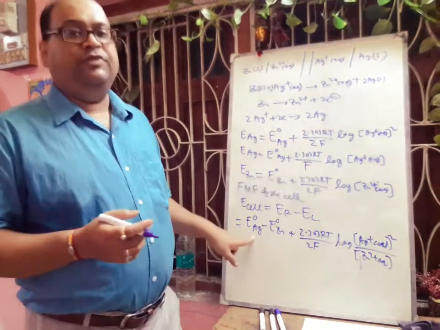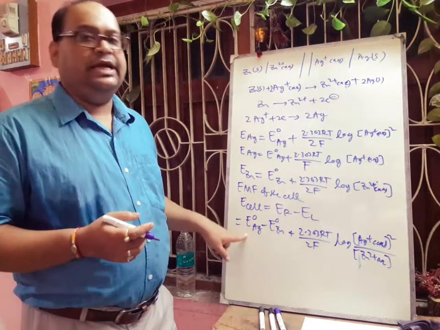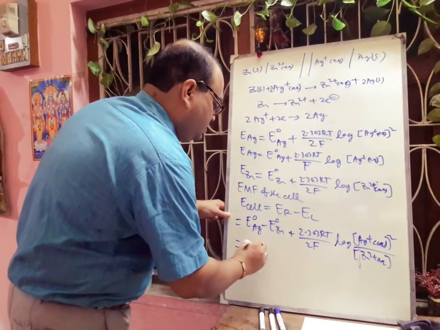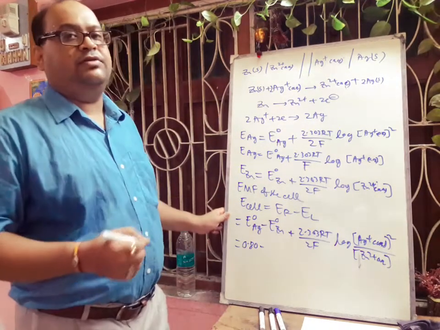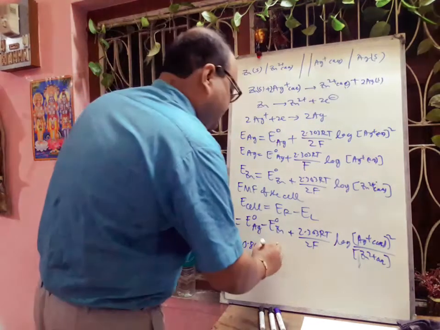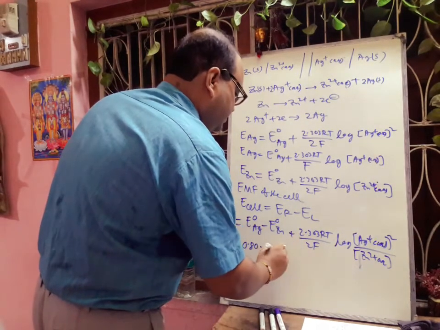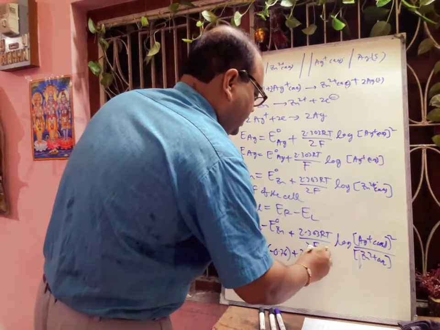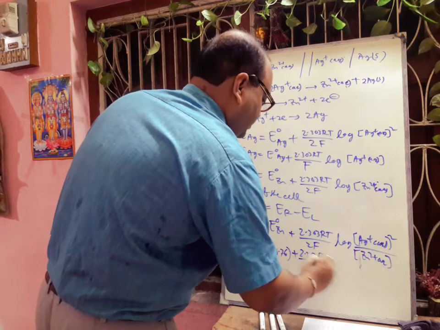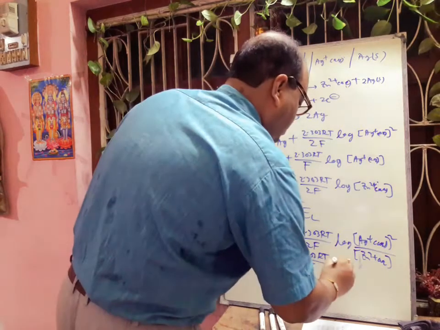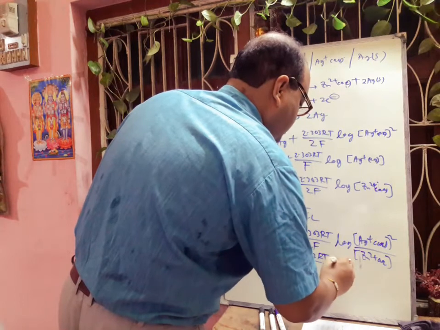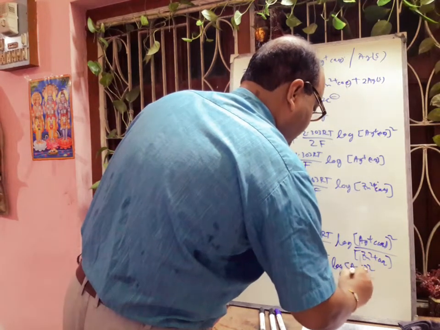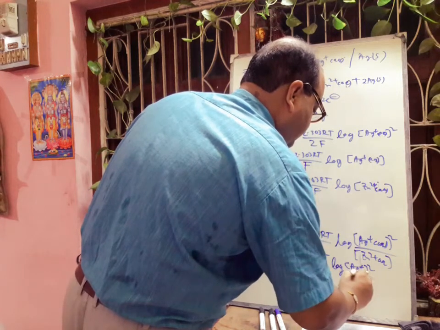Now, if we put the values, in case of silver the value is 0.80, and in case of zinc we know the value is minus 0.76. Plus 2.303 RT by twice F log base 10 of concentration of Ag+ squared divided by concentration of Zn2+.